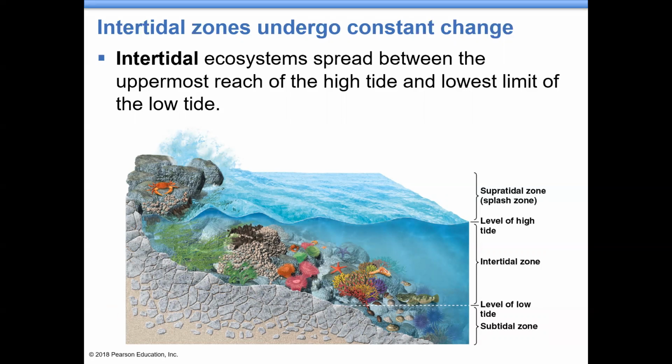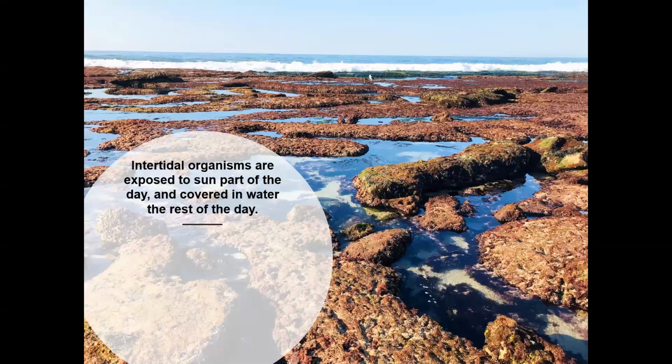And this results in very, very diverse ecosystems, because these organisms are exposed to the sun for part of the day and covered by water for the rest of the day. So these are extremely diverse ecosystems. You can see this area here filled with what we call tide pools, these little areas where the tides have receded.